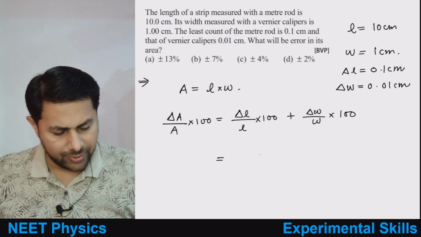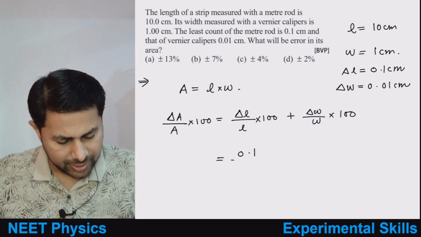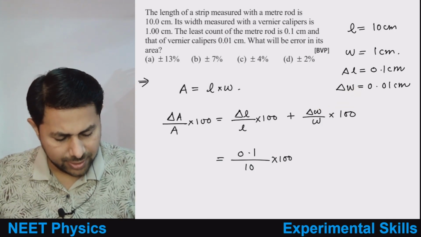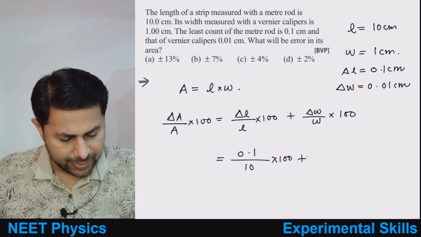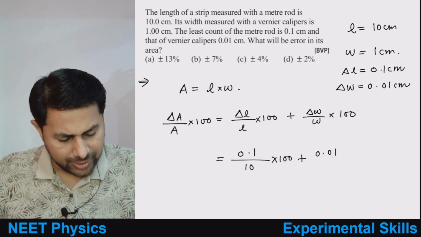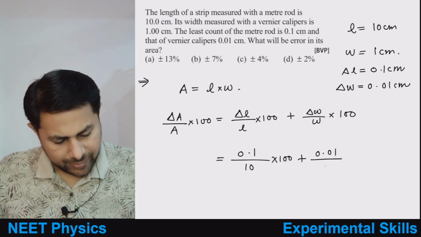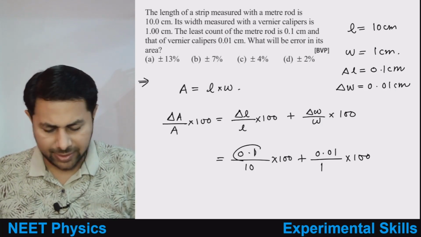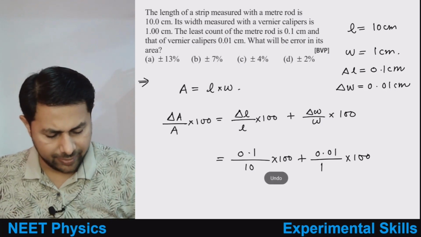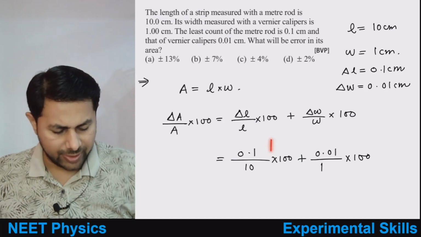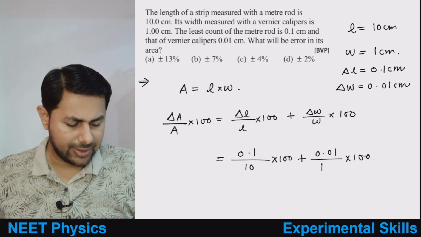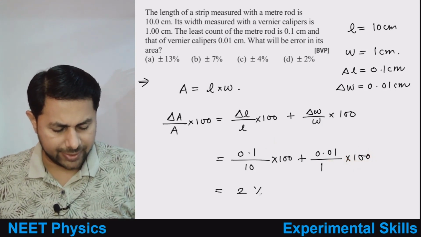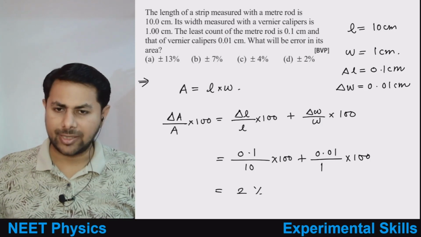You get delta L, which is 0.1 divided by L, which is 10, times 100, plus delta W, which is 0.01 divided by 1 times 100. 0.1 times 100 means 10, and 10 by 10 is 1. This is again 1 by 1, that means it is 2%. So the answer is ±2%.